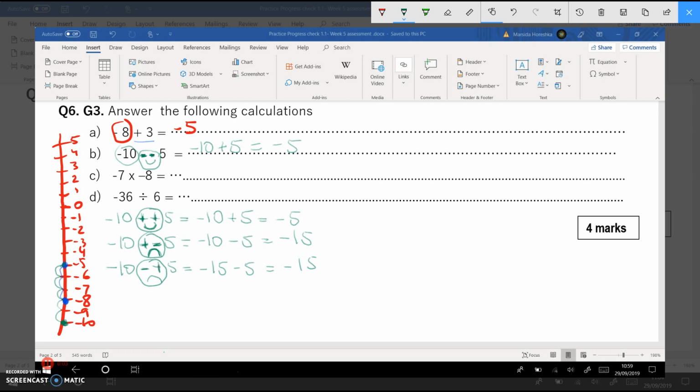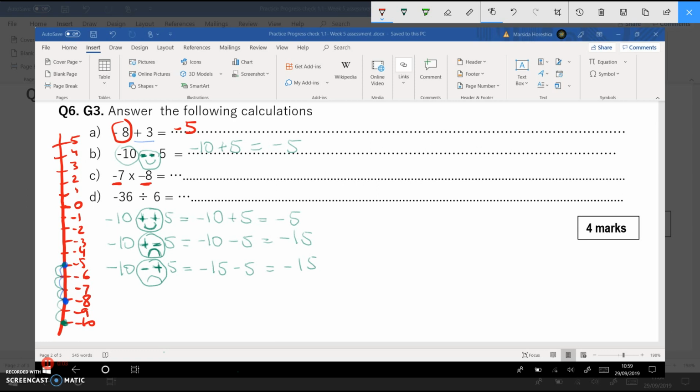And the same thing with this last one. The same rule will apply when it comes to multiplying and dividing. But the only difference is that when multiplying and dividing, you don't have the signs next to each other. So looking at this one, for example, we've got minus 7 times minus 8.